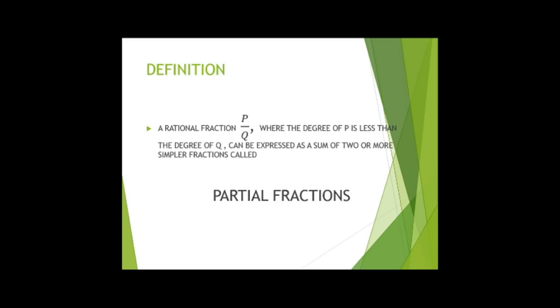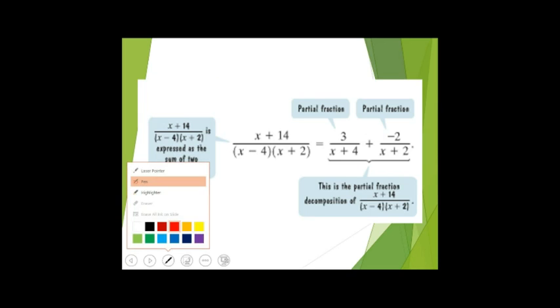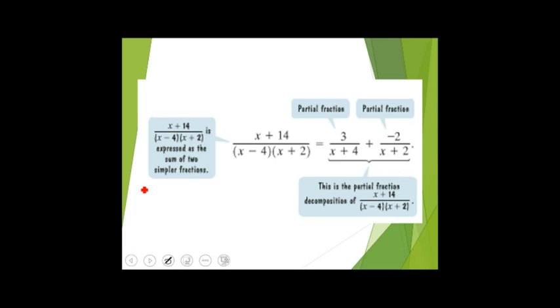A rational fraction p over q, where the degree of p is less than the degree of q, can be expressed as a sum of two or more simpler fractions called partial fractions. For example, we are given a rational fraction x plus 14 over quantity x minus 4 times quantity x plus 2.